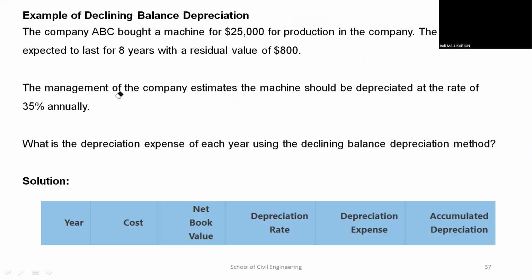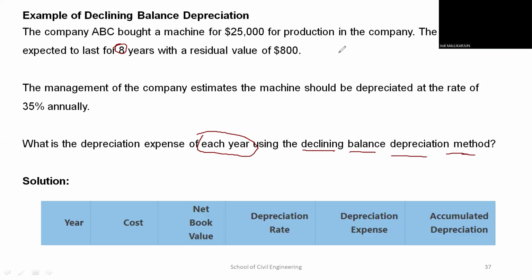The management of the company estimates the machine should be depreciated at the rate of 35% annually. What is the depreciation expense of each year? What they asked is each year you have to calculate, the first year, the second year, third year, up to 8 years. By which method? It is the declining balance depreciation method, right?